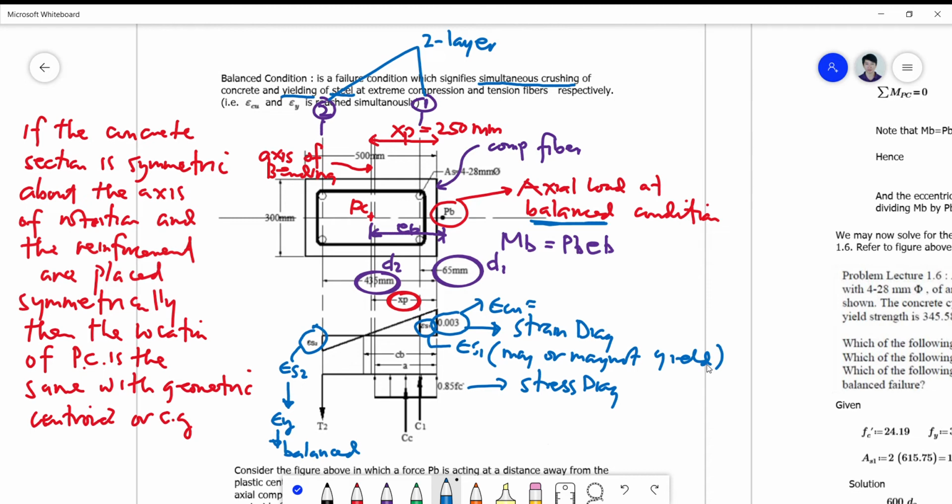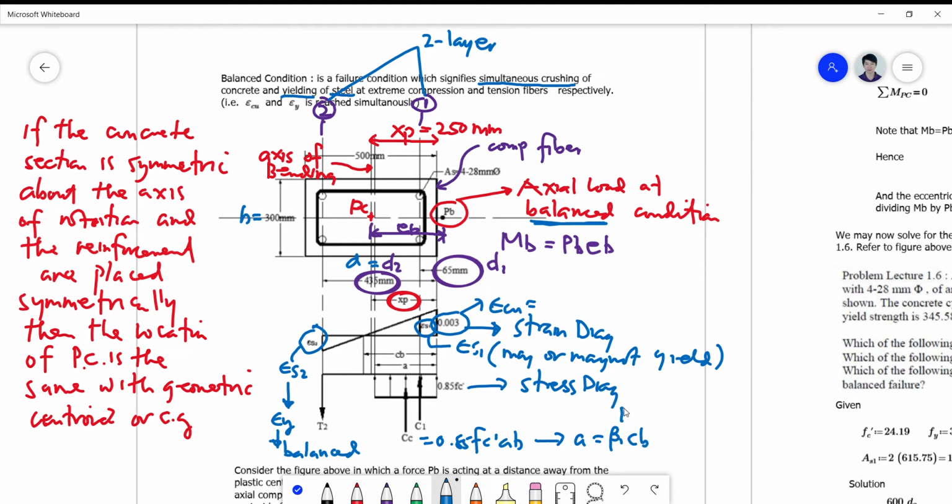Okay, for the stress diagram, everything works the same as that for a beam. You have here a CC, which is simply equal to 0.85 FC prime A times B. So this will now be your B. And your D will become your D2 here. The effective depth is the largest D on the layer. Okay, so CC will simply be equal to 0.85 FC prime A times B, where A is equal to beta 1 CB at balance condition.